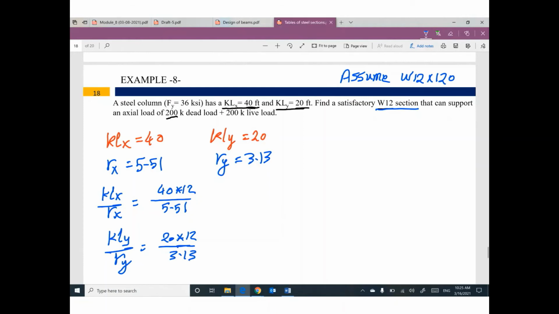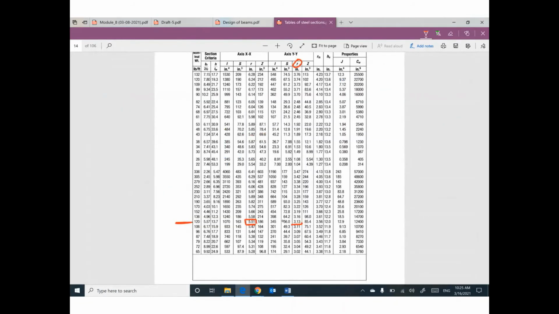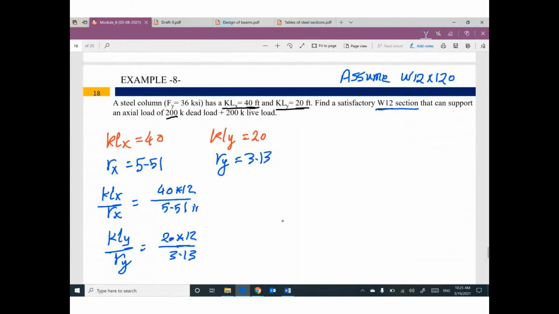Guys, remember, these values of R are in inch, but these lengths, KLx and KLy, are in feet. So I multiply this number in feet times 12 to be in inch. This number, 20 in feet, times 12 to be in inch. So you can get a number.